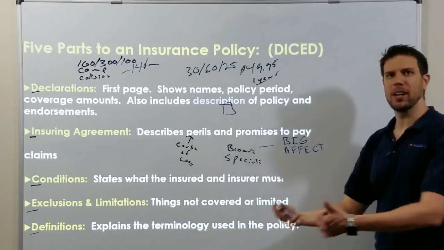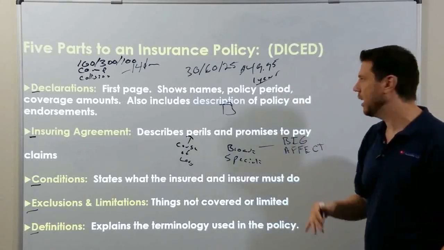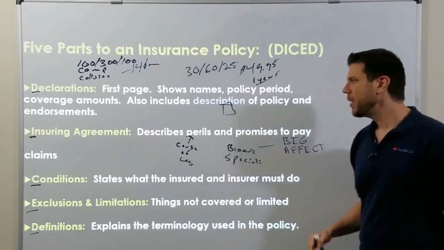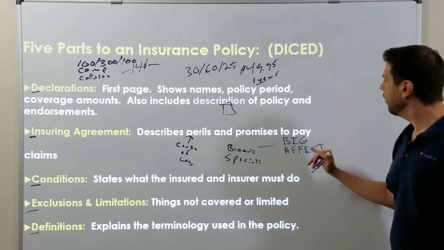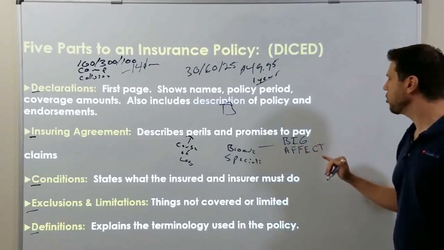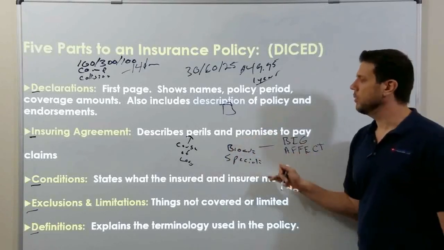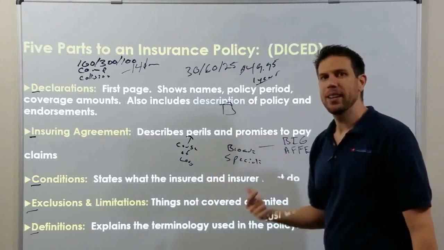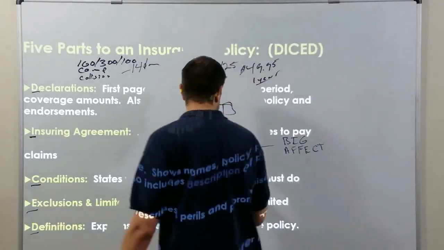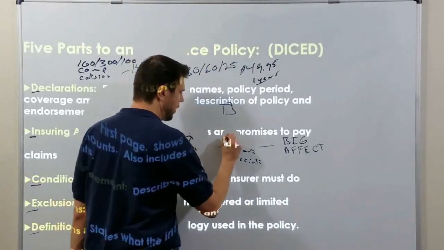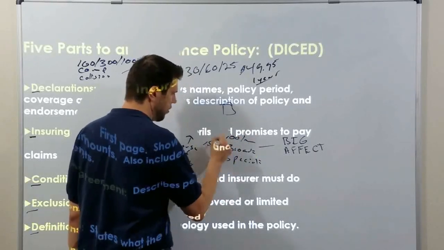So like if somebody burglarizes your house, if ice damages your house, if glass breaks, accidental discharge, freezing of plumbing, falling objects, electrical collapse, and tearing asunder. You pay a little bit extra for broad, so like basic insurance might be $100 a month, broad would be like $150 a month.